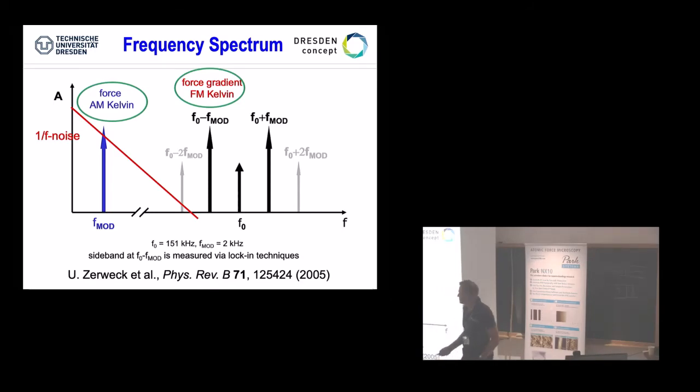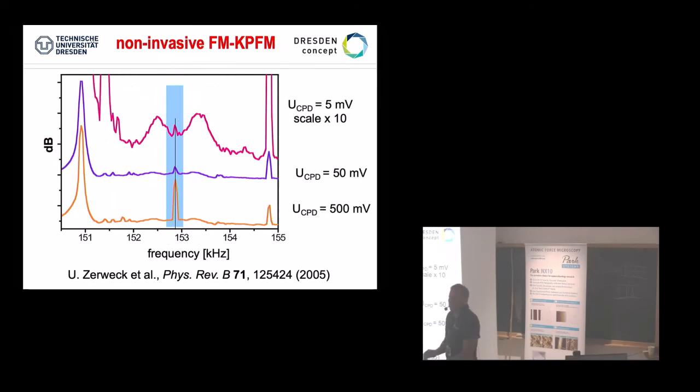No way to go. Here's an example of the result. This is exactly the sideband, and you see nicely this is on 153. It's the plus sideband, so it's F0 plus F mod. And we did the following experiment by reducing the voltage from 500 to 50 to 5 millivolts. Wow.